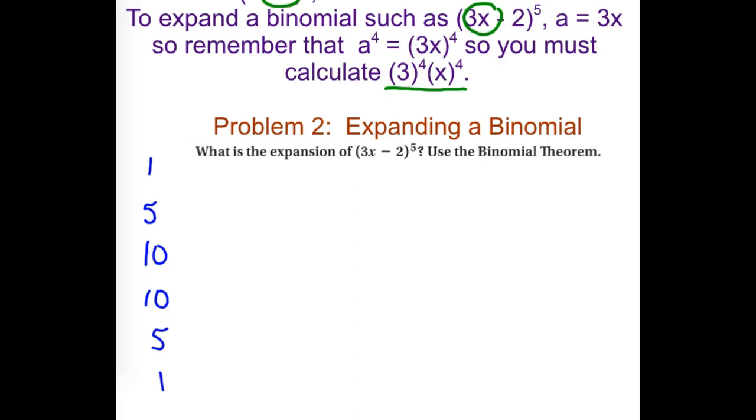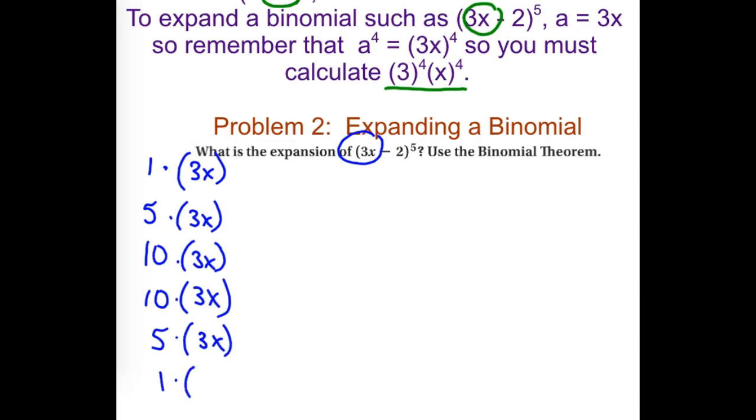My a value is a 3x. So I'm going to multiply by a 3x to all of these. And I'm going to put my powers in. We're going to start with our highest power, which is a 5, and work our way down. Okay.